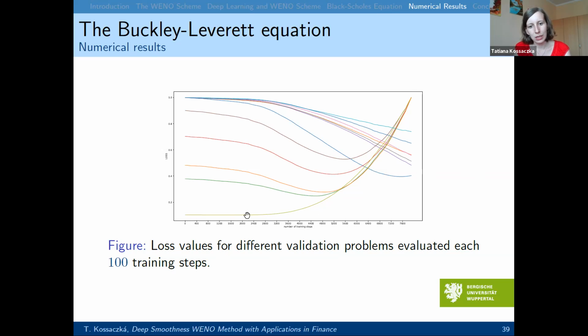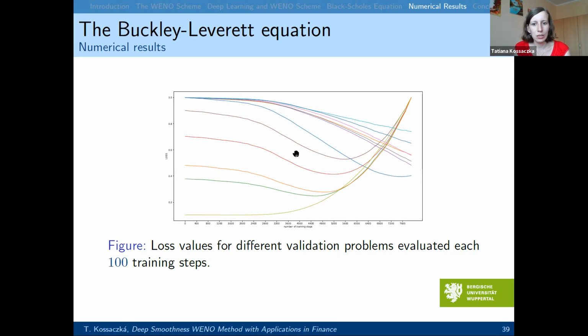So there could be another optimum for another set of parameters A and G. But we just took the model somewhere from here and used this numerical scheme as our final numerical scheme.